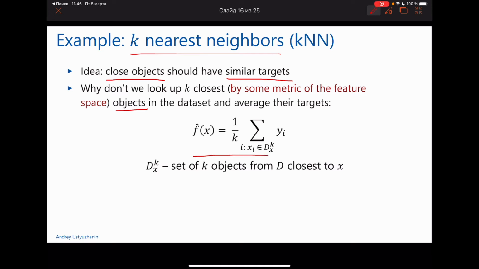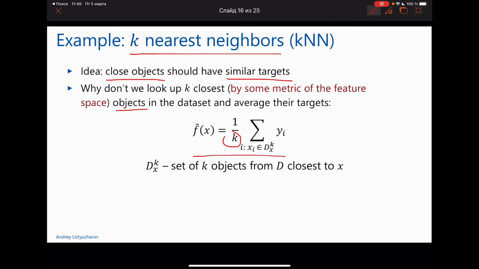Mathematically speaking, it produces an approximation function like this. It is a very simple approach that doesn't have any training parameters besides a hyperparameter, which is k.